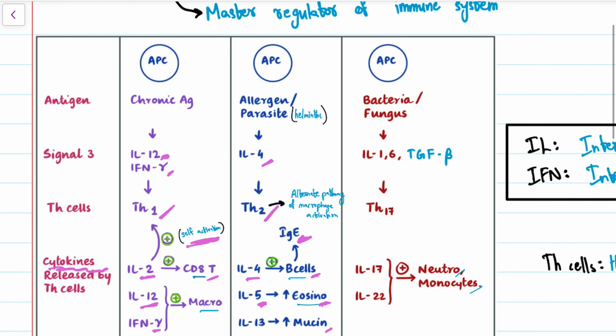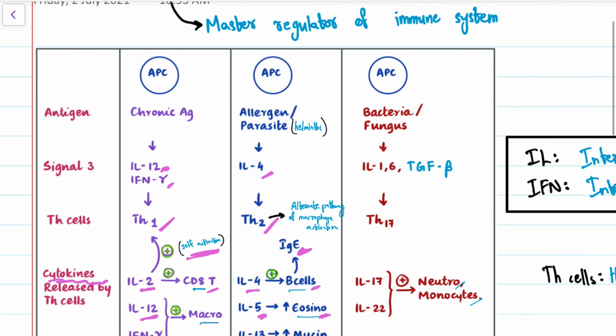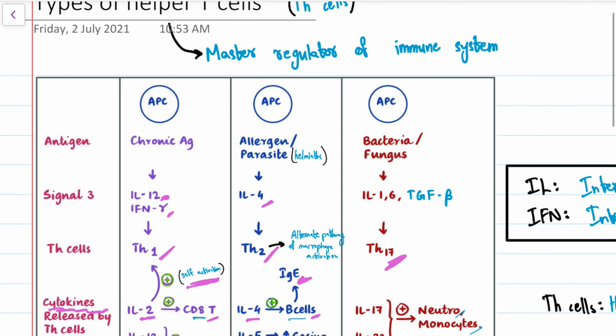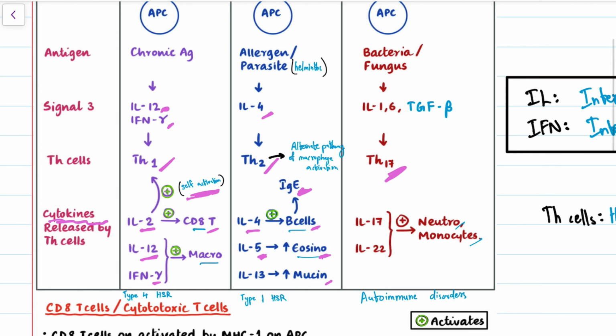And then the next category of antigens are the bacteria and fungi. The signals which are sent are interleukin 1 and 6 and TGF beta. So this goes and activates the helper T cell 17, the Th17, and this Th17 releases certain cytokines known as interleukin 17 and interleukin 22.